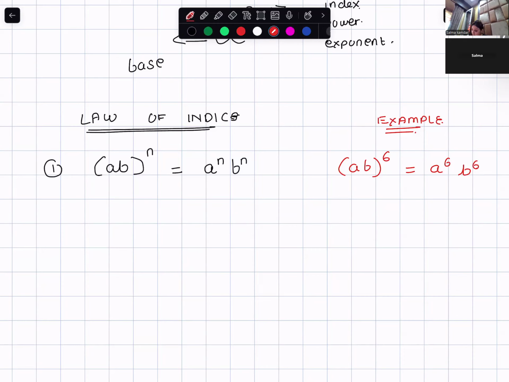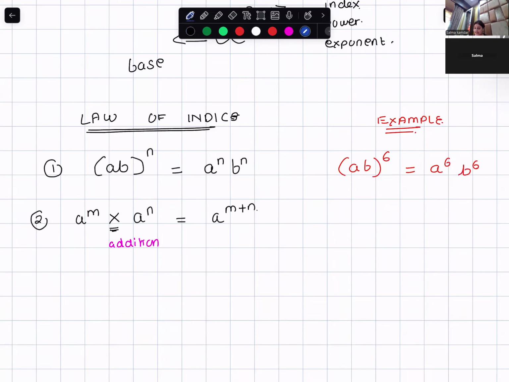Your second law of indices would be: if I have a raised to m multiplied by a raised to n, multiplication means addition, so it is equal to a raised to m plus n.